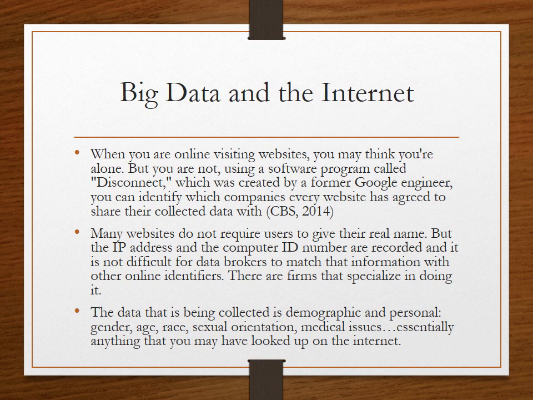Also, if you are a heterosexual and you're going on a site like Tinder, that's going to represent. And then, of course, medical issues, which we're going to get into in more detail later. Essentially, anything that you may have looked up on the internet, big data is going to farm that information out. So that time you looked up why you have a certain thing on your thing, yeah, big data already knows about it.